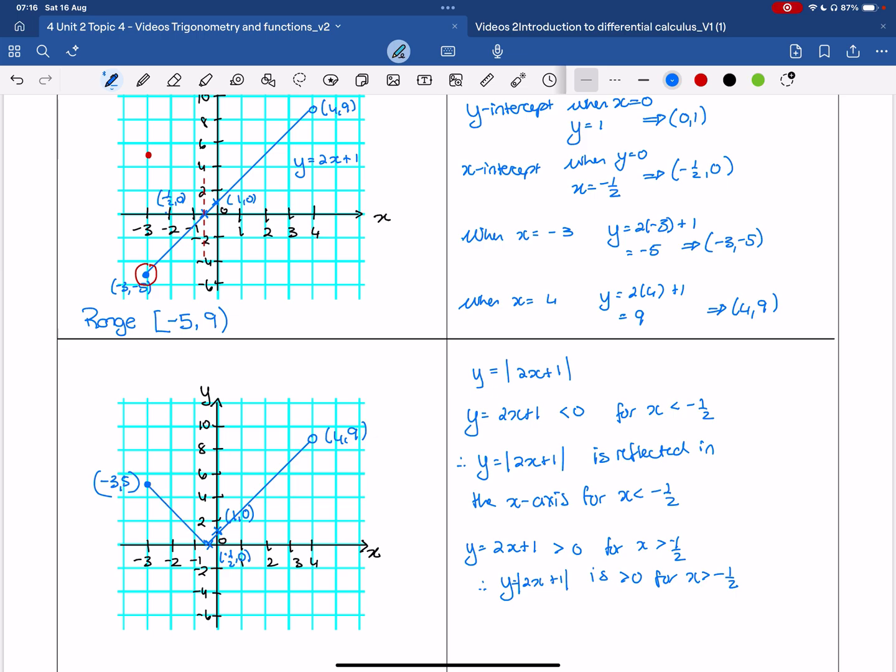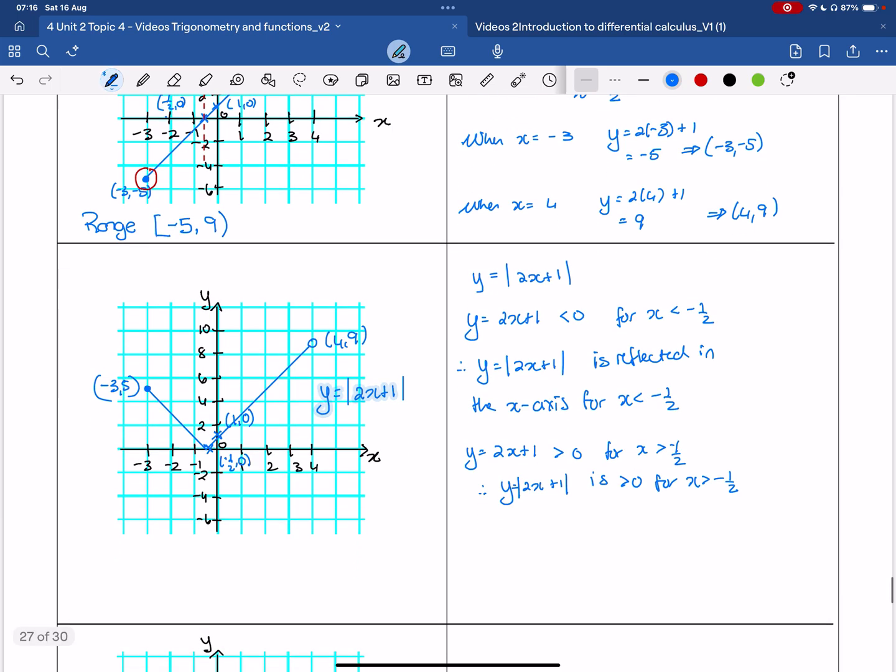So this graph here is my y is the absolute value of 2x plus 1. And what we can see is that our range now goes from 0 up to 9. 0 is included and 9 is excluded.